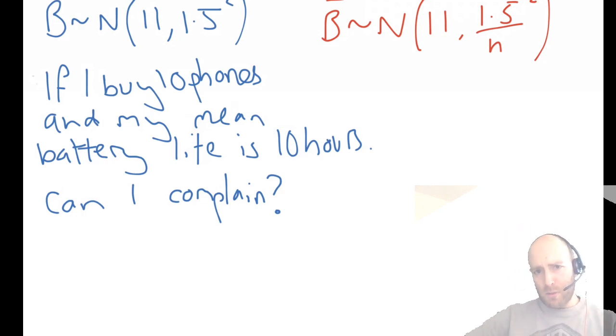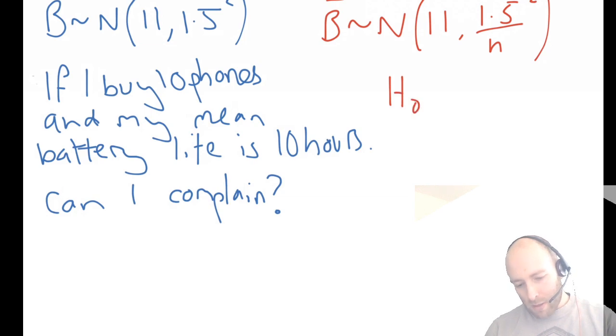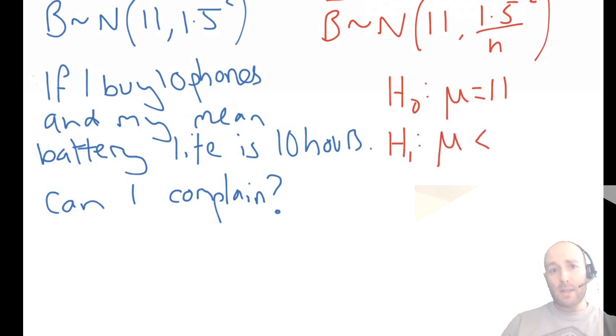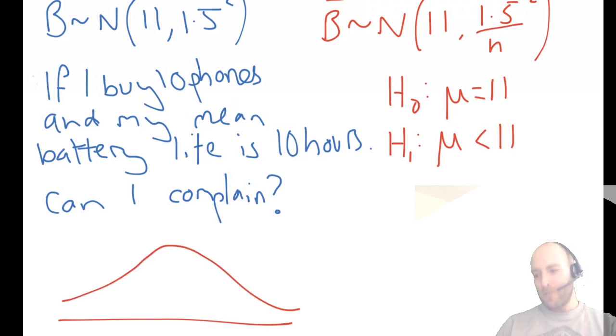Okay, so just to demonstrate this, we're going to do an easier test where we just find the probability. So my hypotheses are these. H0: mu is 11. H1: the mean is less than 11, which is what I'm trying to test. So I'm going to plot a graph of my sample mean distribution. Sorry, guys, I think I have hiccups today.